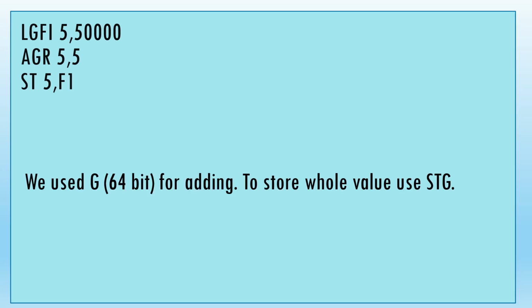So ST 5 F1, but here is a small correction. Since we are using 64-bit for loading and 64-bit for adding, we should also use the corresponding instruction for storing back the value, which is STG. Okay, not ST. We have seen a lot of examples. So let's move on.